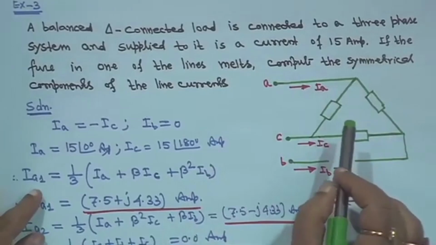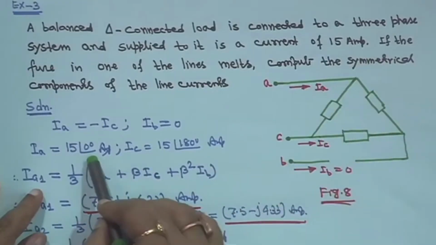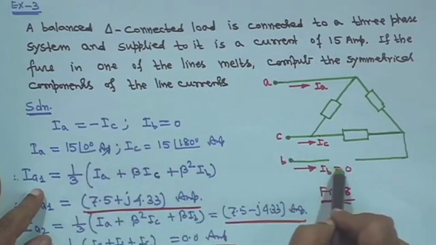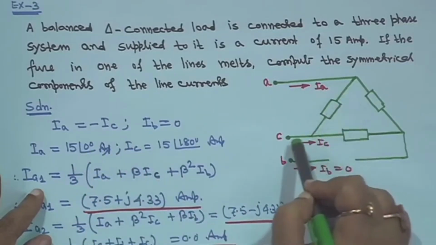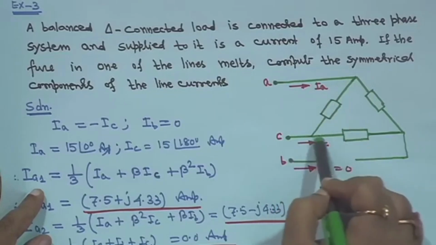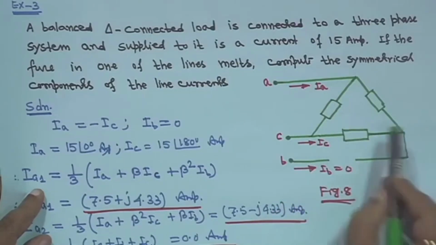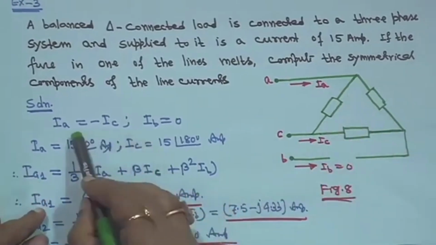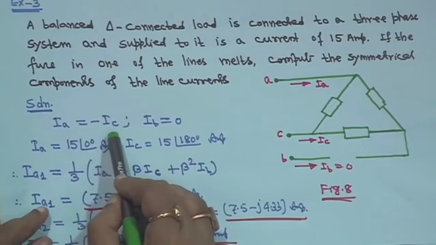Suppose IA is equal to 15 angle 0 ampere, taken as reference. IB is 0, so this IA and this IC are related, because there is no current here; this is the path for IC. So IA is equal to minus IC.